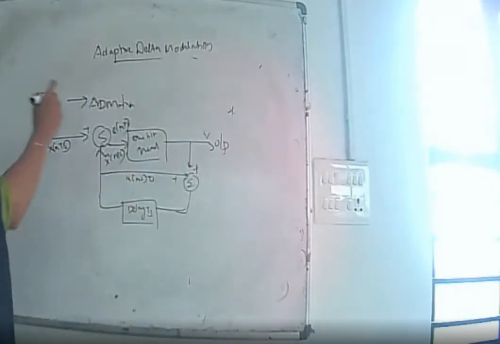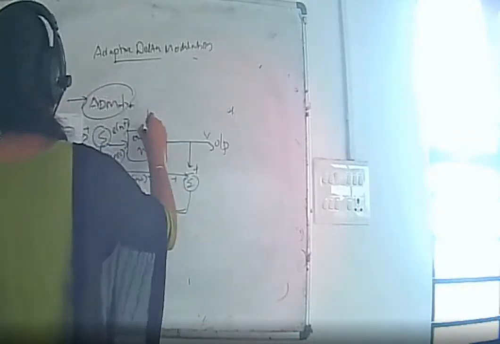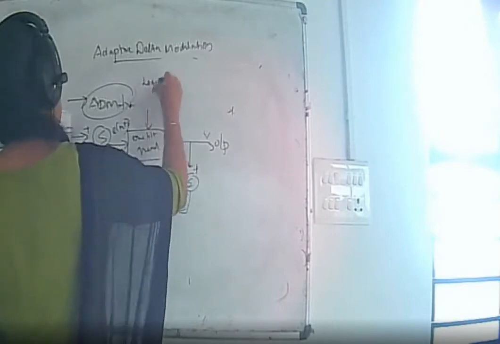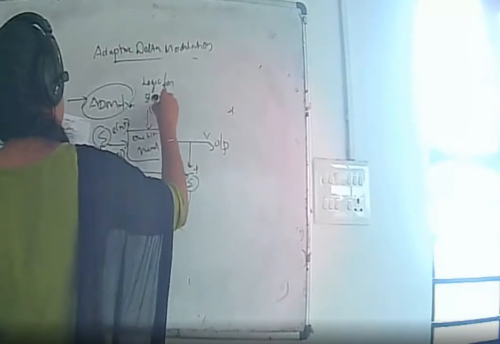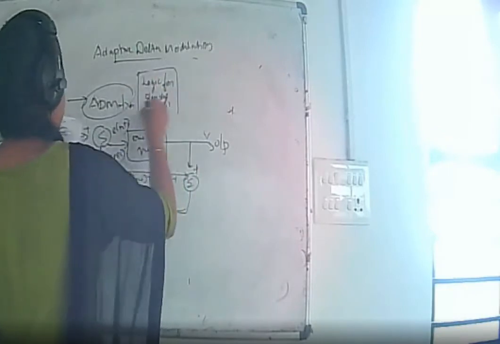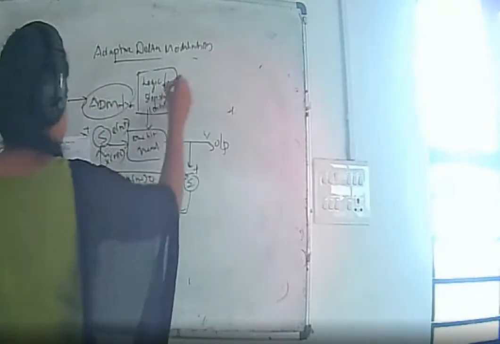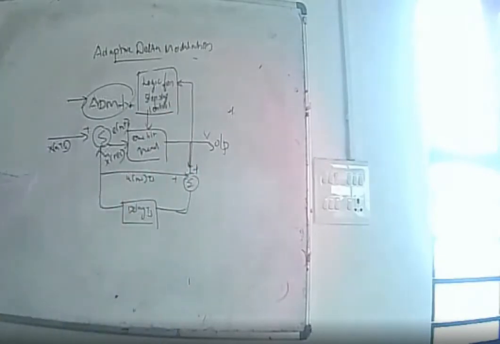Now in the case of ADM transmitter, the only change which comes is that there is a block called logic for step size control. That is, here we have a block logic for step size control. This is introduced in this ADM.